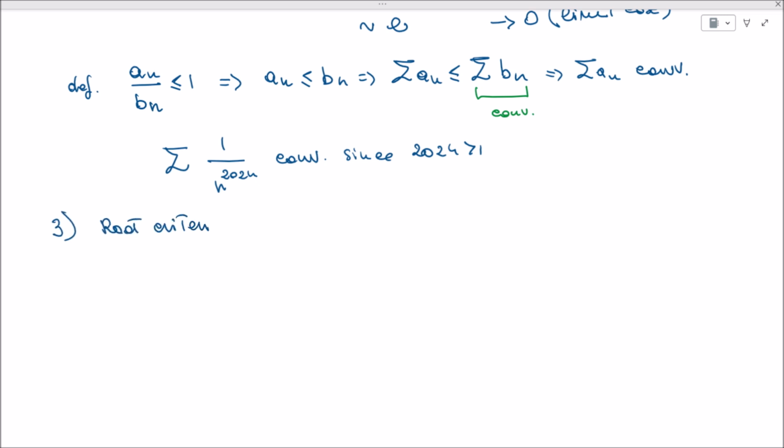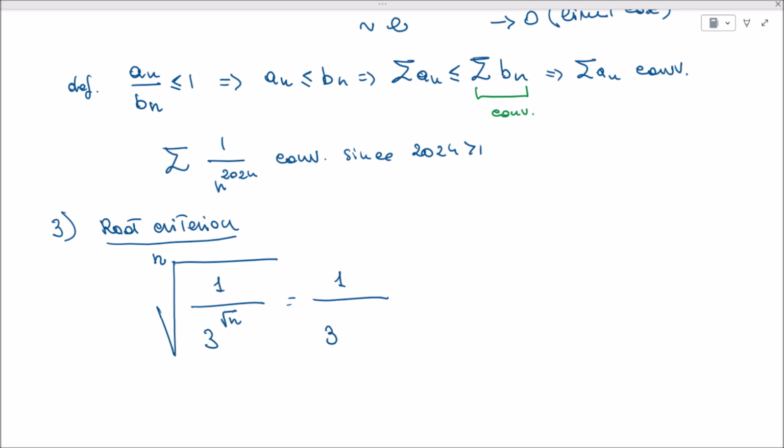Remember that the root criterion is all about the limit as n goes to infinity of the nth root of 1 divided by 3 to the square root of n, which is just like writing 1 divided by 3 raised to the square root of n divided by n, which is 1 divided by 3 raised to the 1 over the square root of n.